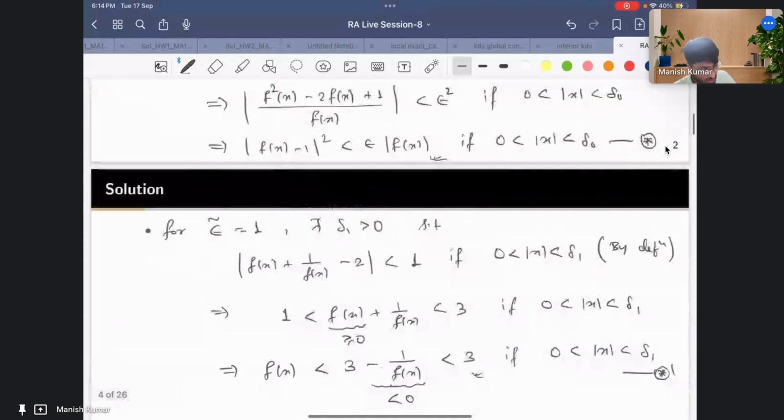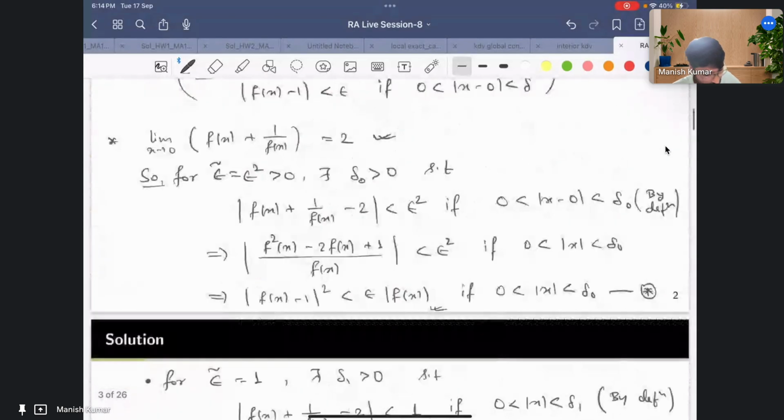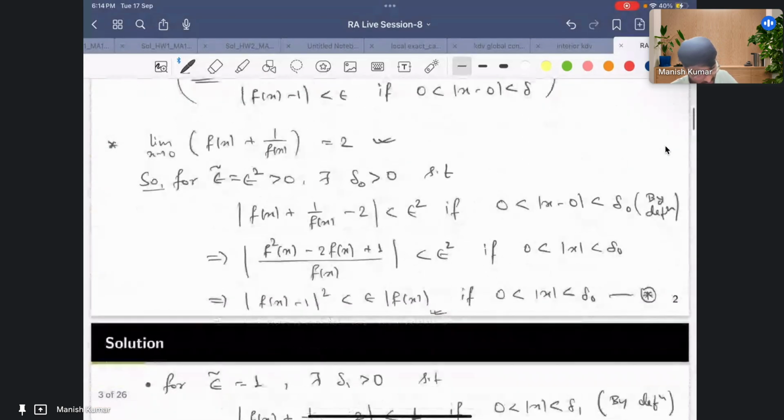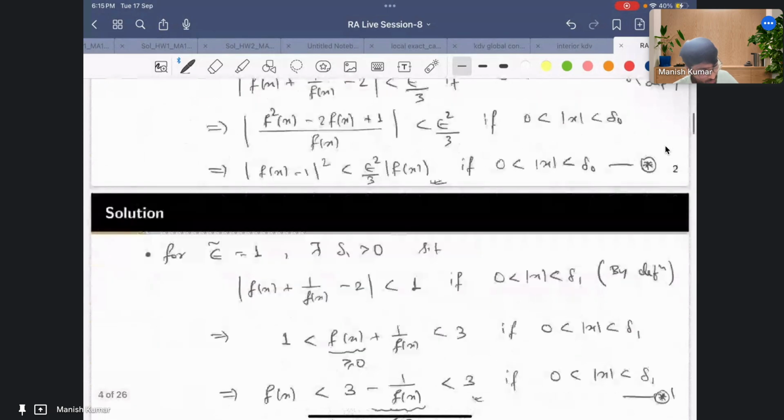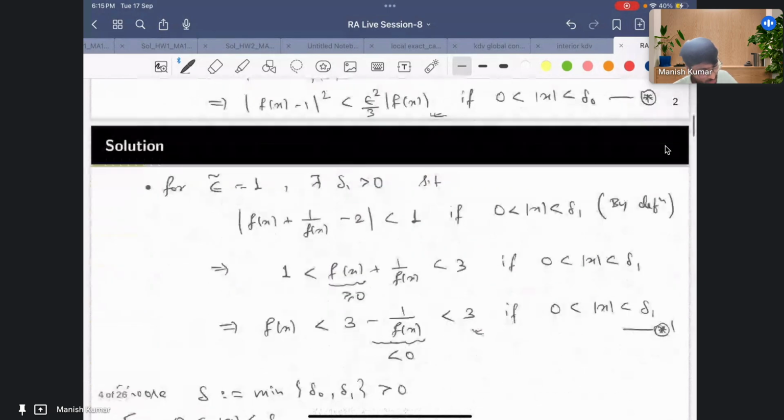Okay, so let me just adjust a bit. So maybe I can say epsilon square by 3. So this is 3, this is 3, epsilon square by 3.